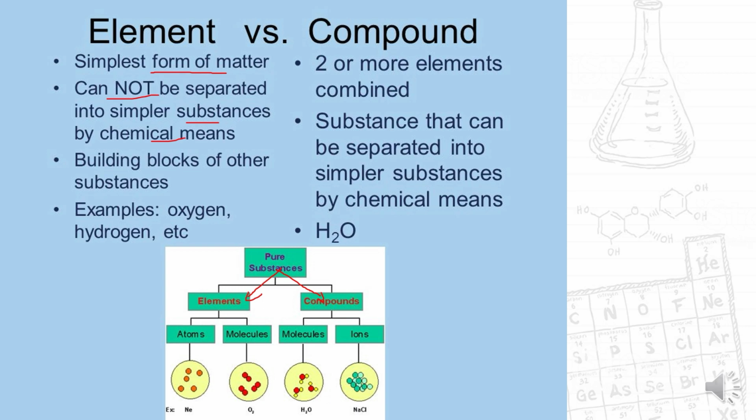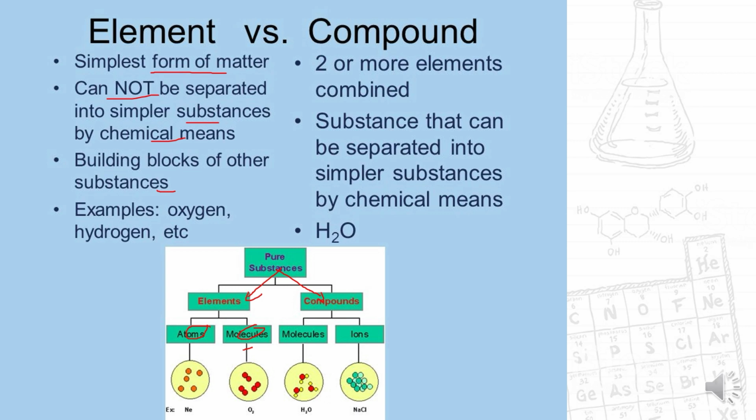So elements are building blocks of other substances. And under elements, we have atoms and molecules or diatomic molecules. These are molecules that are made up of a single type of atom. So examples are oxygen, hydrogen, nitrogen, fluorine, and you'll find all these examples on the periodic table.